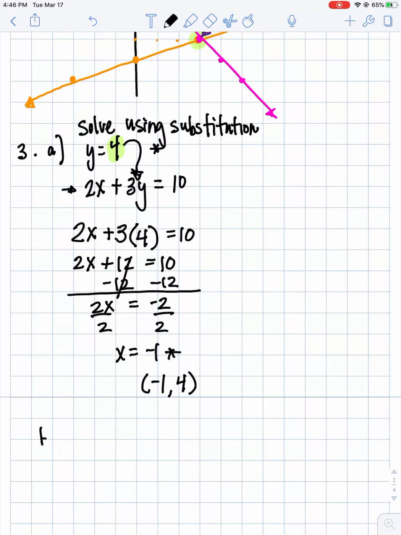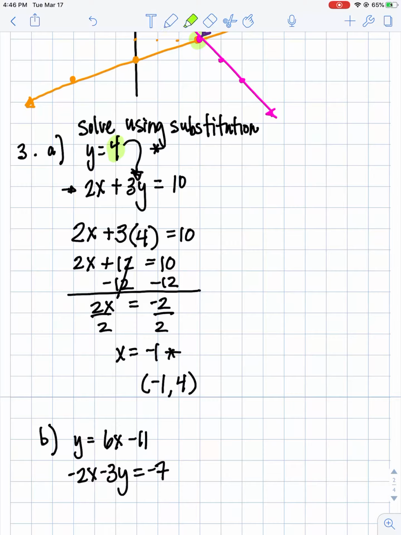Okay, so now let's do example B, still solving using substitution. So this is going to be a little bit more challenging. Let's do y equals 6x minus 11 and negative 2x minus 3y equals negative 7.